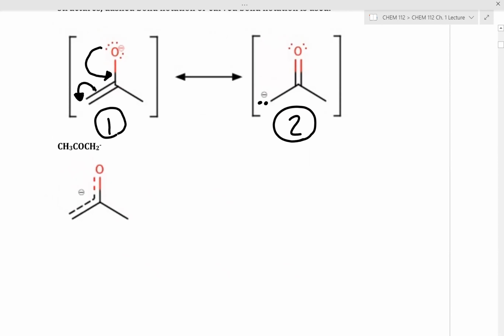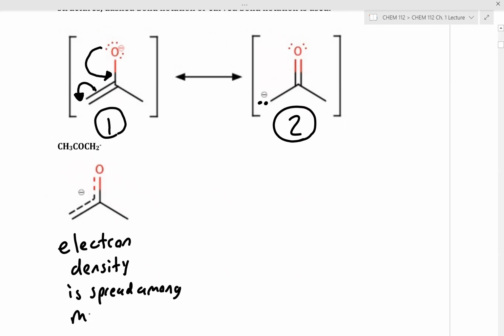As we notice here, instead of having a formal double bond between our 2 carbon atoms, we have drawn our bond as a dashed line. This dashed line across multiple atoms signifies that our electron density is spread among multiple atoms.